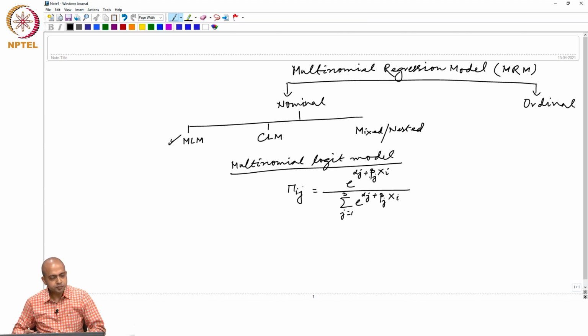The individual who is not opting for a 2 years college attaches a differential weightage to, let us say, the income variable as compared to the individual who is opting for the 2 years college.